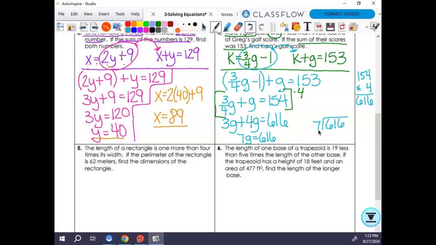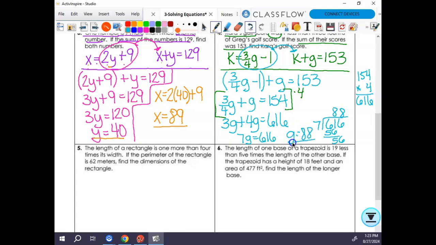I know 9 times 7 is 63. What's 8 times 7? 56, right? So if I put an 8 here and I get a 56, then this is going to be 56. And oh, look, it's 88. So Greg's score is 88.